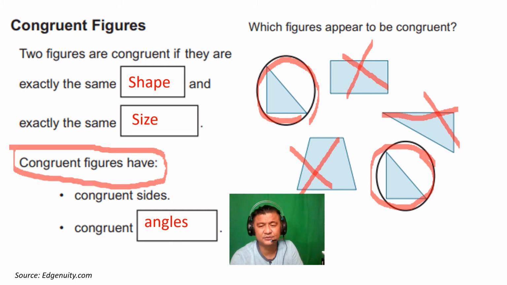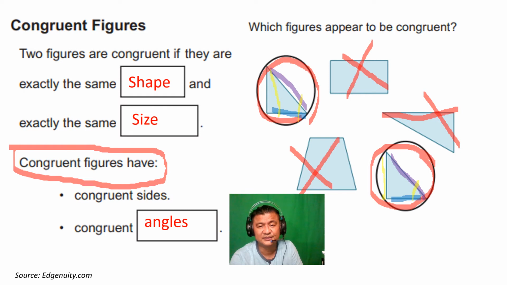Check this out. So this side, the one in purple, is the same as that. The one in blue, this side is the same as that. Next, the one in yellow, this side is the same as that side. If you measure them, they're the same. What else? If you look at the angles too, this angle in yellow is the same as that angle in yellow.